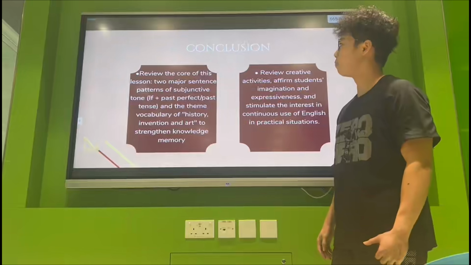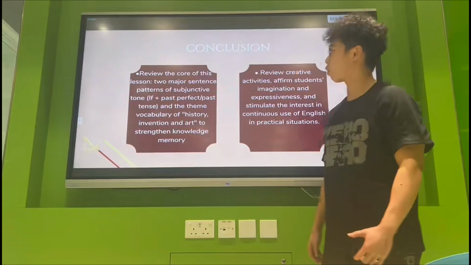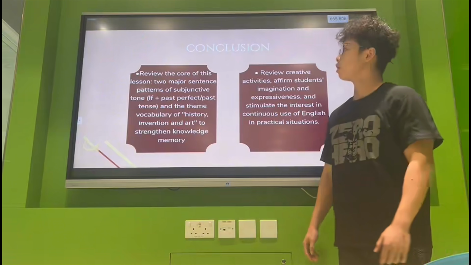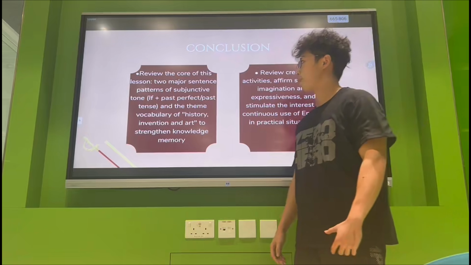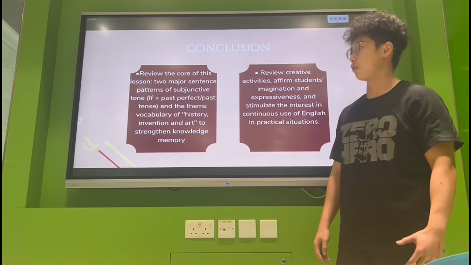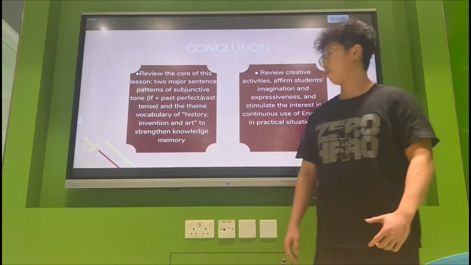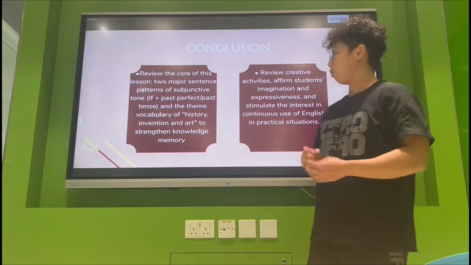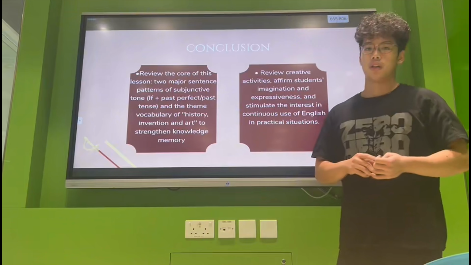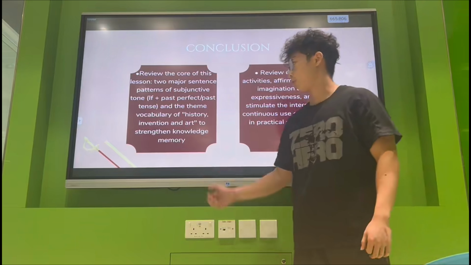In conclusion, I will review the core of this lesson: 2 major sentence patterns of the subjunctive mood, and the theme vocabulary of history, invention, and art to strengthen knowledge and memory.